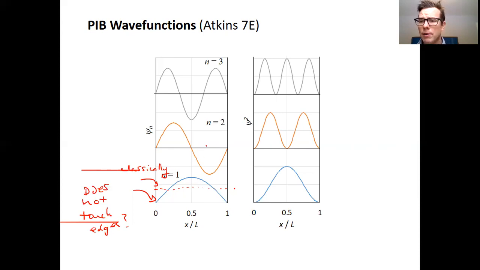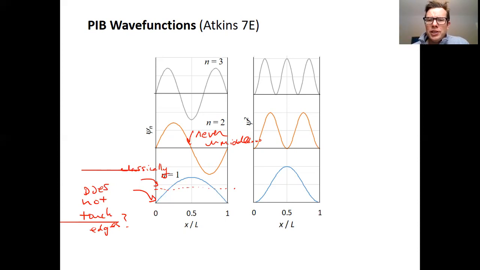If I give it a little bit more energy, so I promote it to an n equals 2 state, look at this. In this case, now it's never in the middle. The probability of finding it is again 0 at the edges, but it's also 0 in the middle. So somehow it gets from one side of the box to the other without ever going through the middle.